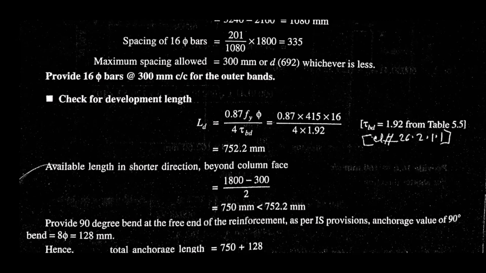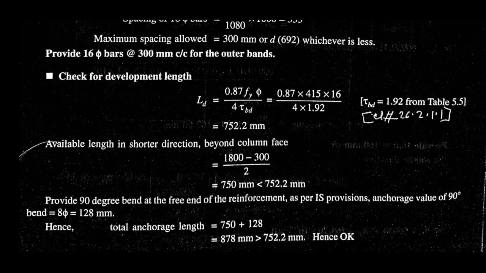Now available length in shorter direction beyond column face is 1800 minus 300 by 2, that is equal to 750 mm, which is less than 752.2 mm. So hence okay. Now provide 90-degree bend at free end of the reinforcement as per IS code provision.